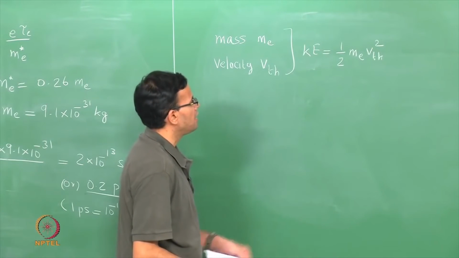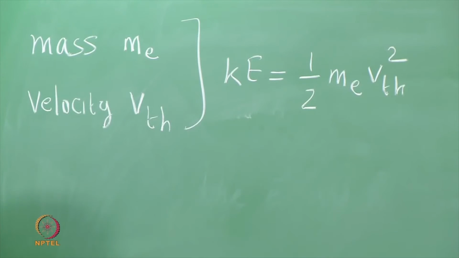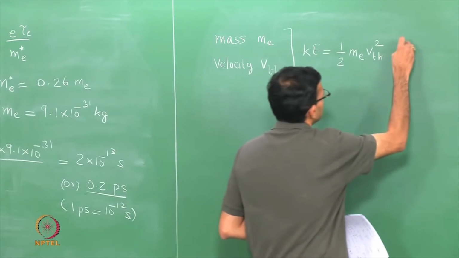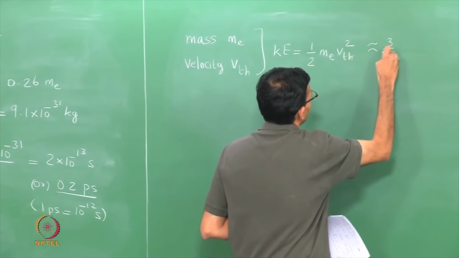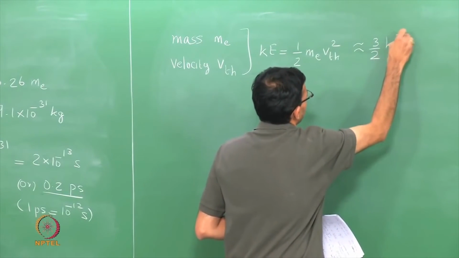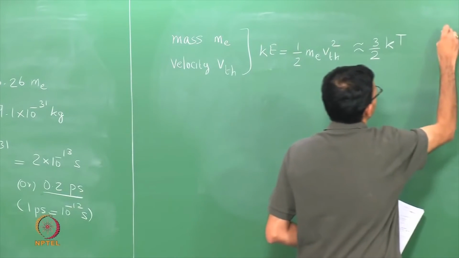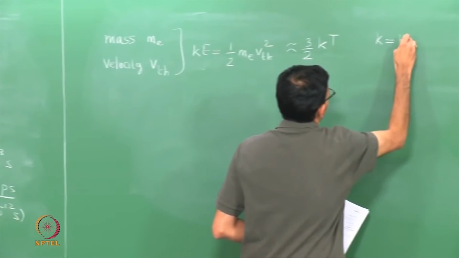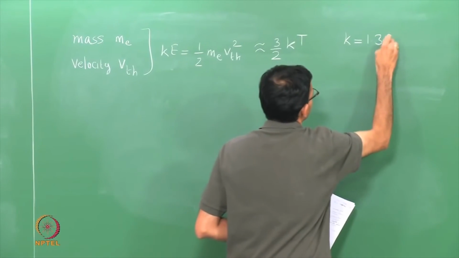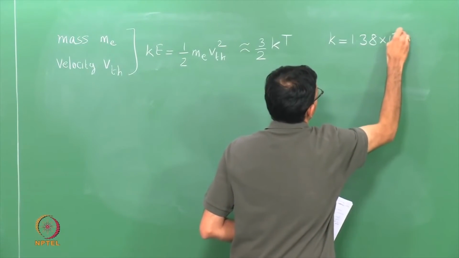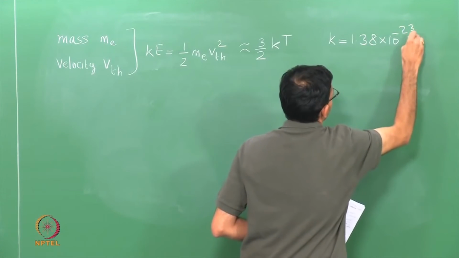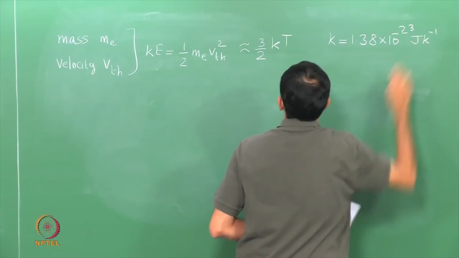This is the kinetic energy of an electron. In case of most solids, you can say that the kinetic energy is approximately equal to the thermal energy. So, this is approximately equal to 3/2 kT, where k is the Boltzmann's constant. k has the value 1.38 times 10 to the minus 23 joules per Kelvin.